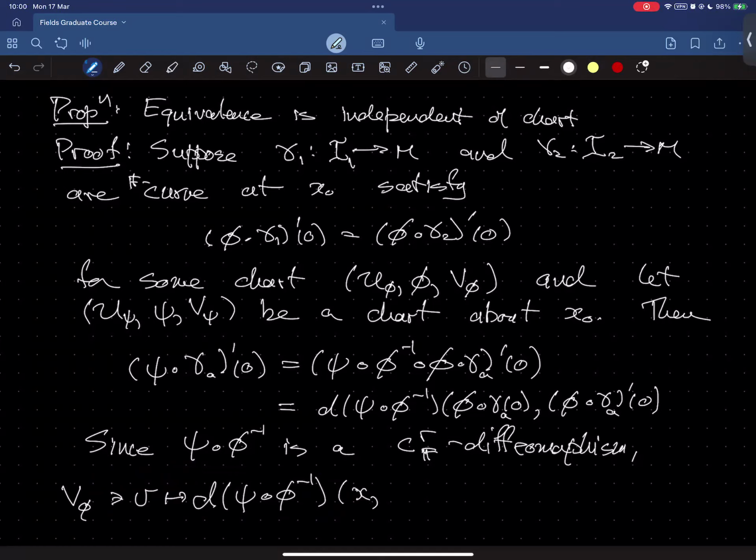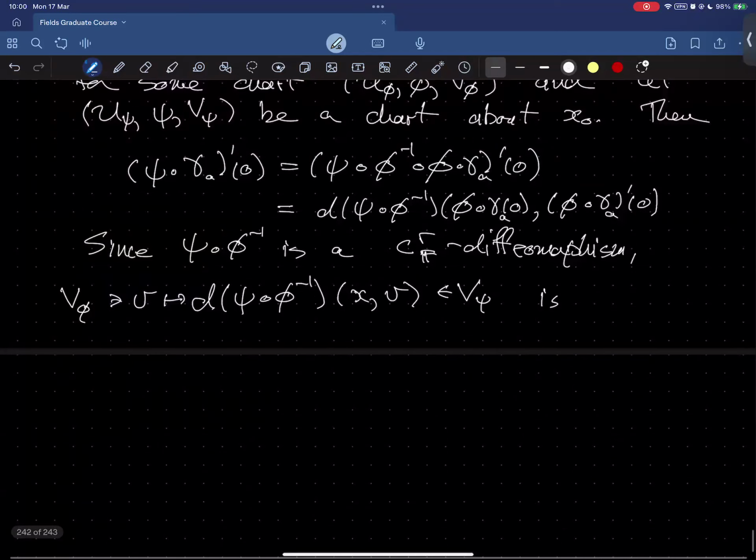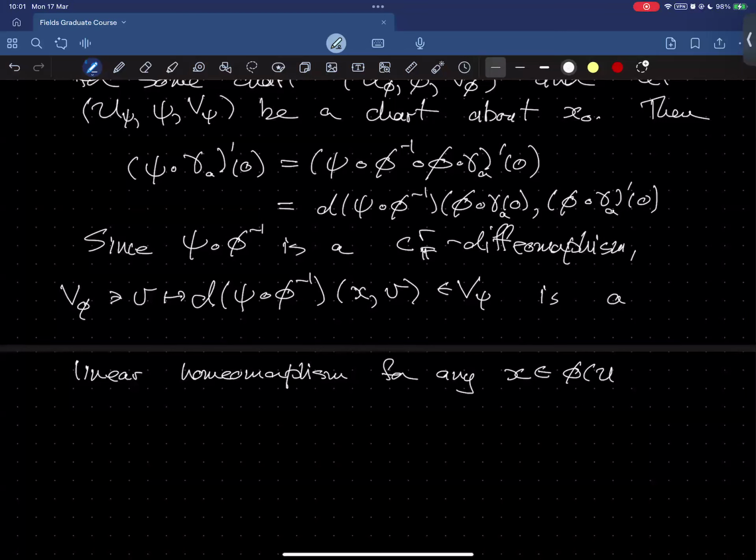So x V, and this now is in V psi. Okay, so this mapping is a linear homeomorphism for any x in phi of U x.